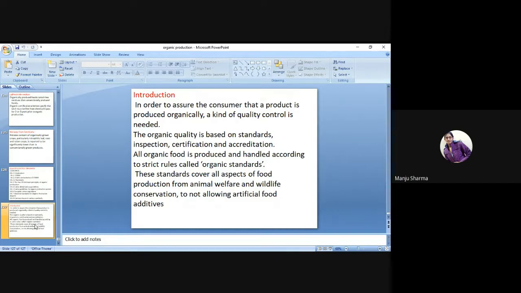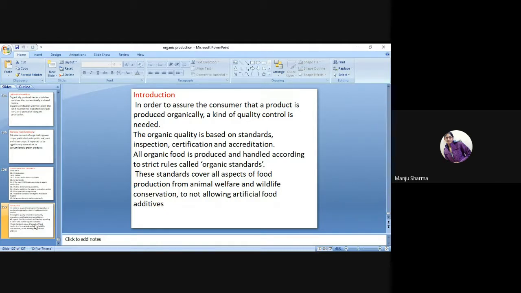These standards cover all aspects of food production, from animal welfare and wildlife conservation to not having artificial additives.